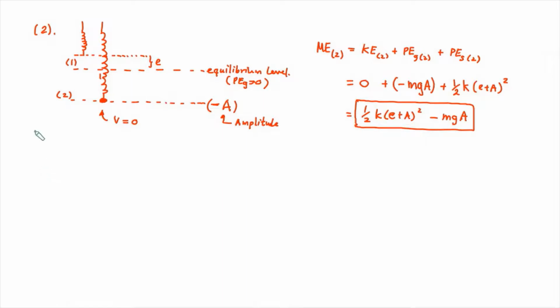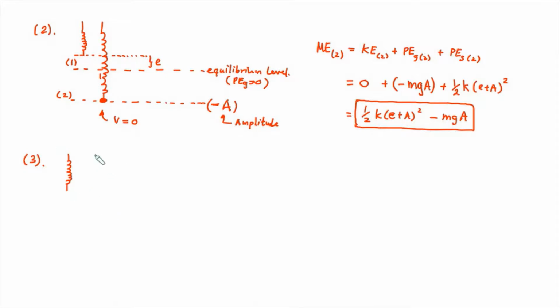Now, similar to the second part, I can write the total mechanical energy for the third part. Now, in this third one, we are looking at the topmost point. So this is the natural length of the spring without any attachment.